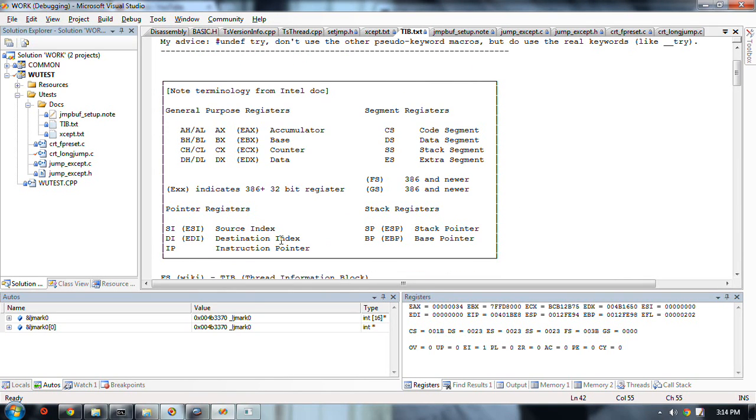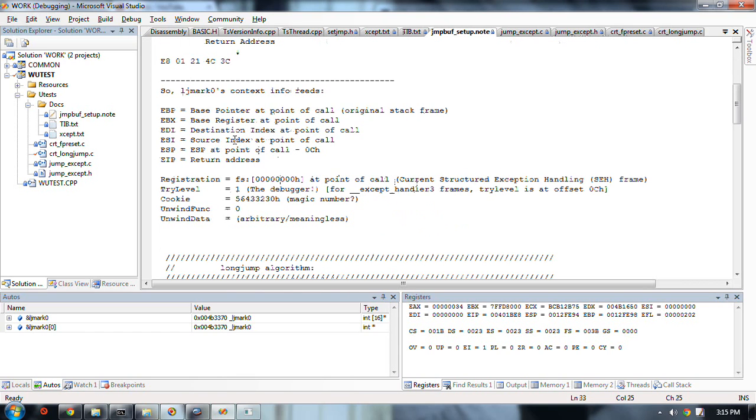Okay, so source index, destination index, everything else is the same. Nothing else new. So this is what we know. Base pointer, this is what we've stored off. Base pointer, the original stack frame base pointer, the base register for some reason.